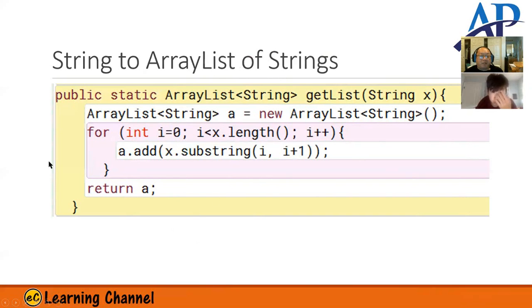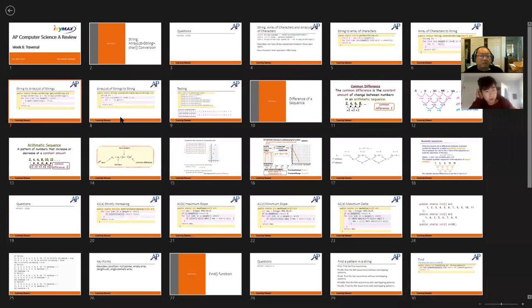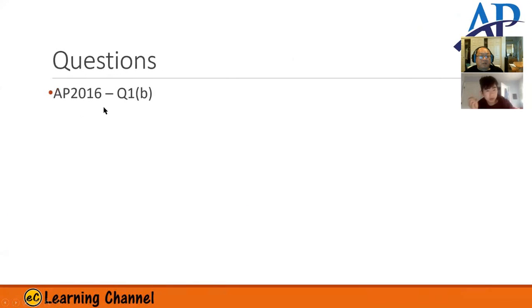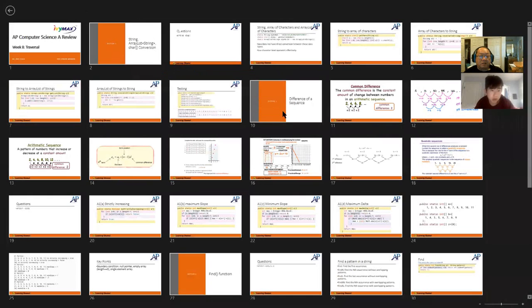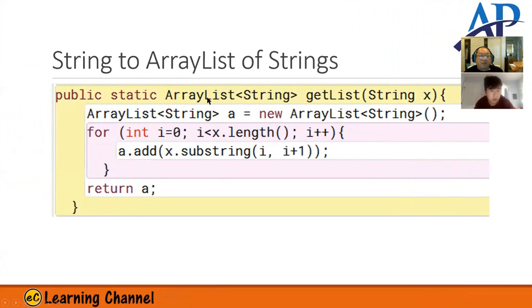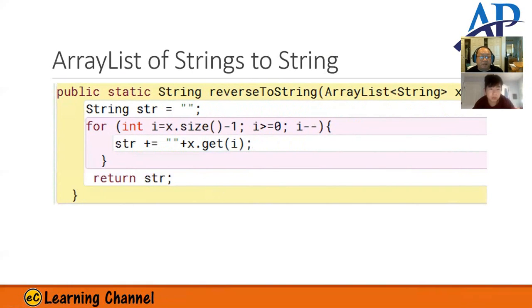In fact, this pattern is used in the 2016 problem I talked about. That problem used the concept over here, but in a different format, so I try to modify it. That is not really hard.